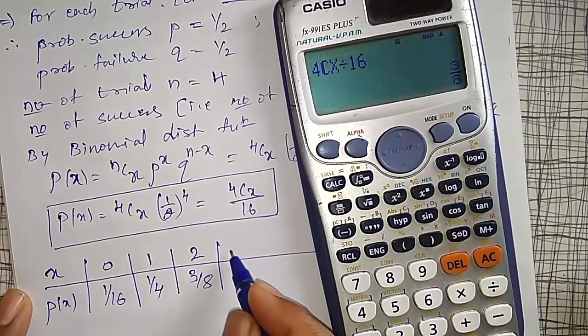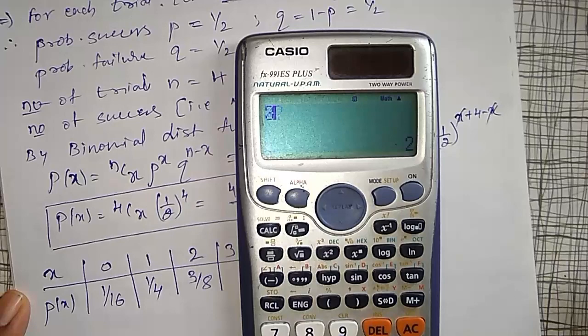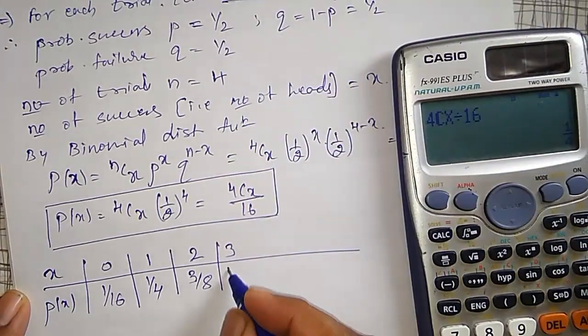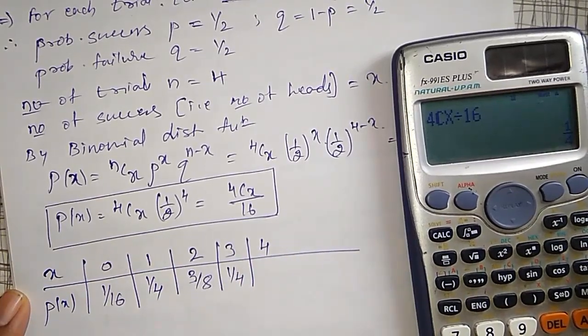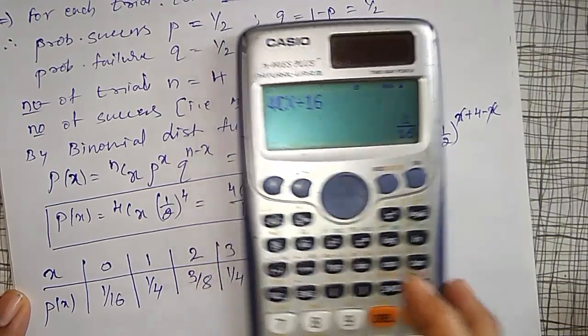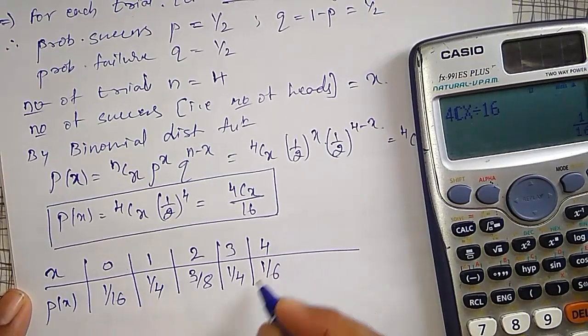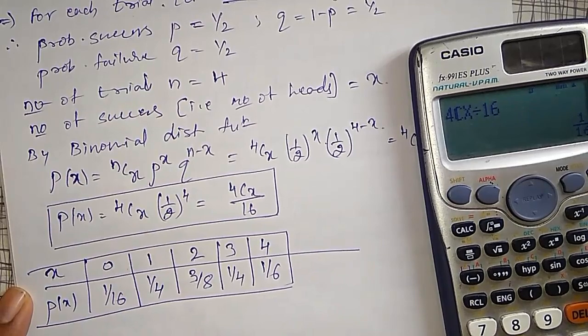Then for 3 successes, x equal to 3, it is 1 by 4. And for all 4 heads, for x equal to 4, I operate and I am getting 1 by 16. This is my probability distribution for 4 coins.